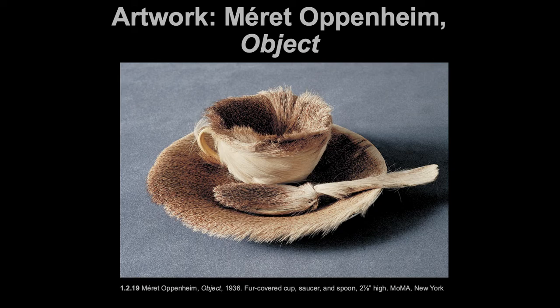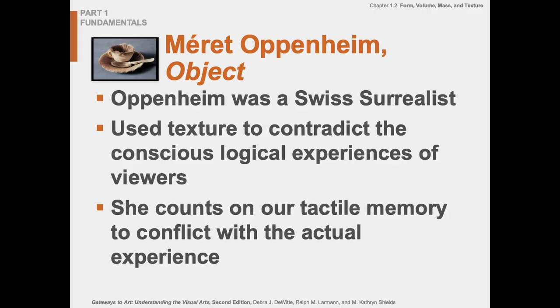Actually, I think the fur is just sitting on top of the china, quite literally, and the spoon, which is silver or steel or something. But this is a surrealist sort of mechanism for toying with your experience of the world, your subconscious, and making it like a dreamlike quality. Okay, so it's the logical experience of the viewer that is being contradicted.